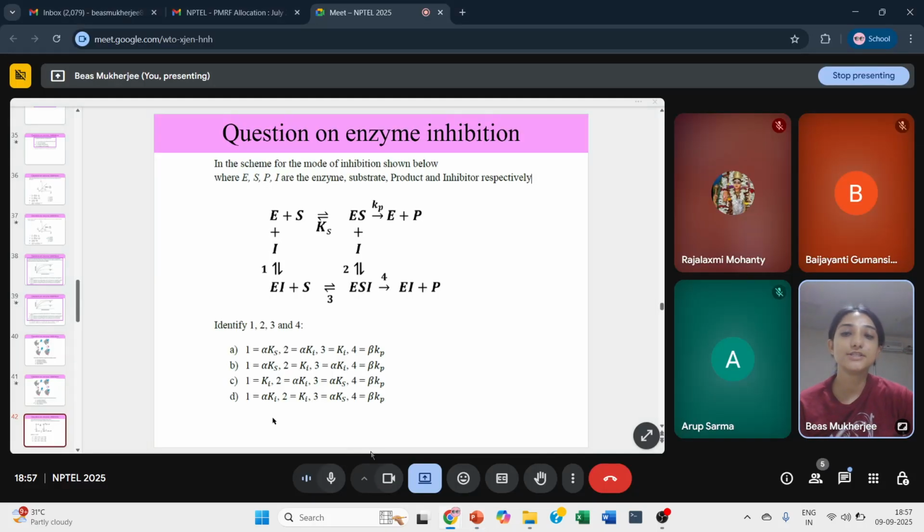Okay, so this is the next question. In the scheme for the mode of inhibition shown below, E, S, P and I are the enzyme, substrate, product and inhibitor respectively. So the equations are given. Now they are asking you which of these is alpha Ks, alpha Ki, Ki and beta Kp.